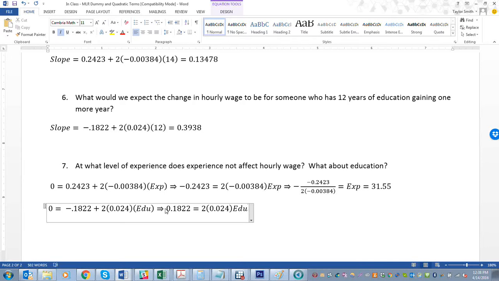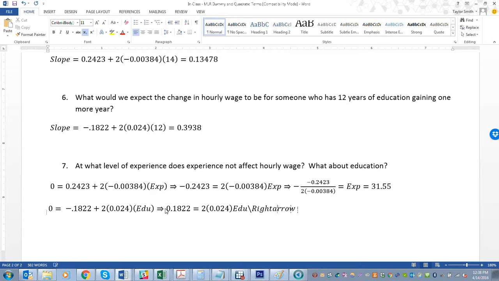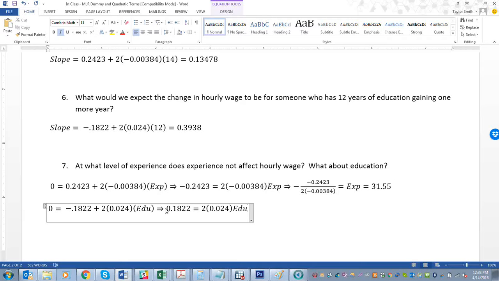We're going to solve for education by dividing by 2 times 0.024. It doesn't like me today, guys. I don't know why.